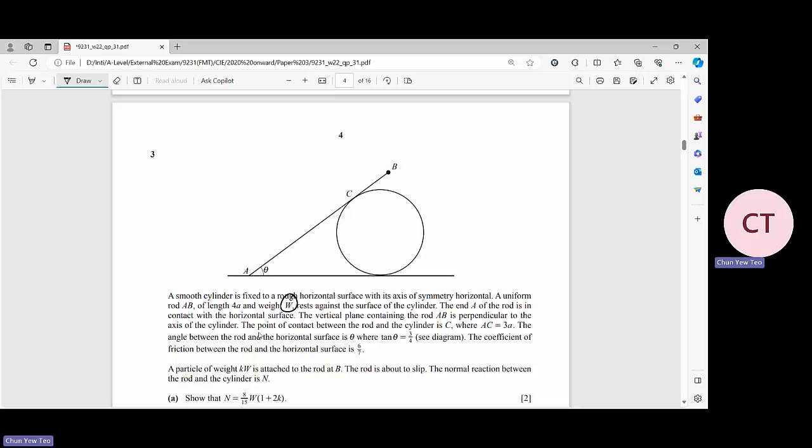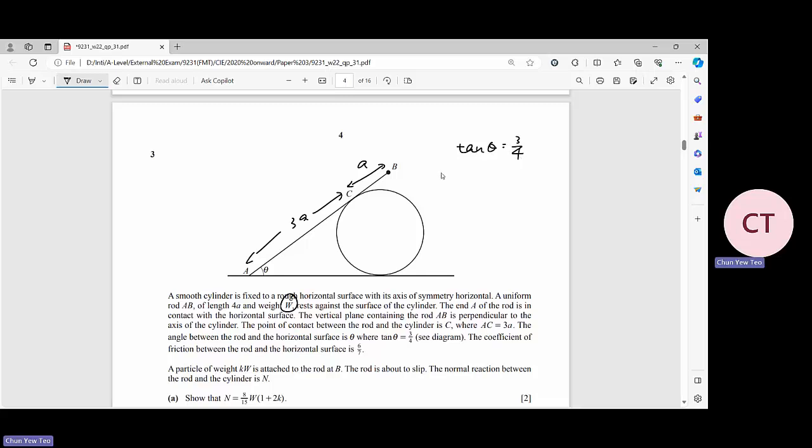Then the point of contact between the rod and the cylinder is C. Then AC is 3a. That means from here to here, it will be a. The angle between the rod and the horizontal surface is theta, where theta is equal to tangent 3/4.